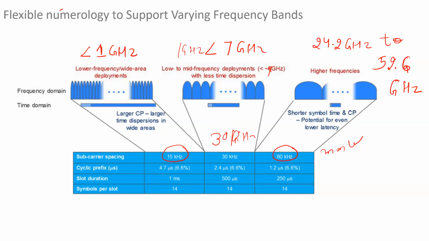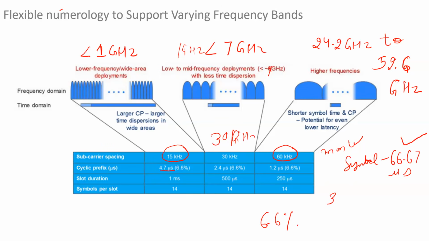And as we discussed earlier about the cyclic prefix, if symbol time is 66.67 microseconds, cyclic prefix is 6.6% of that symbol time, right? So in case of 15 kilohertz, our symbol time is 66.67 microseconds. So our cyclic prefix will be 4.7 microseconds.